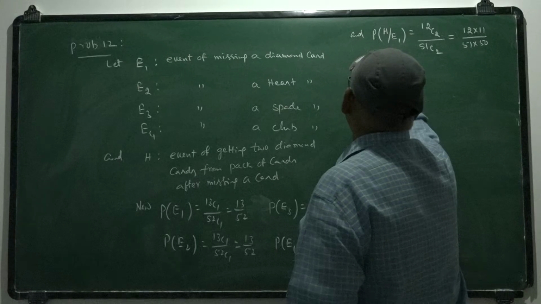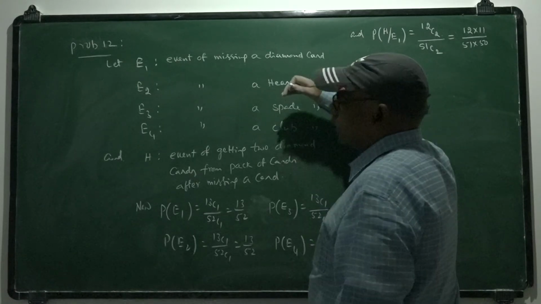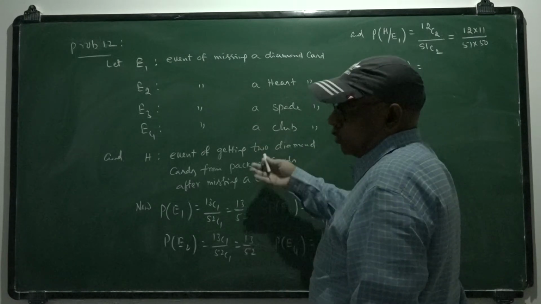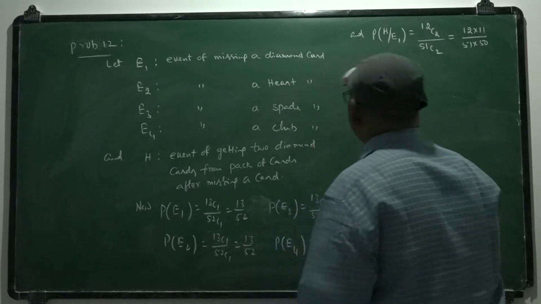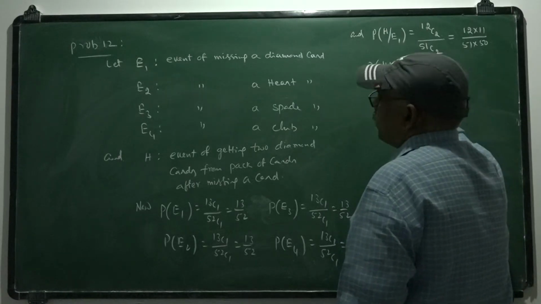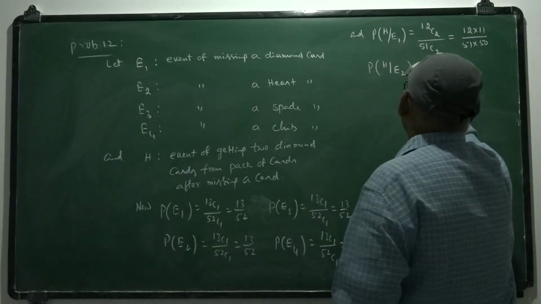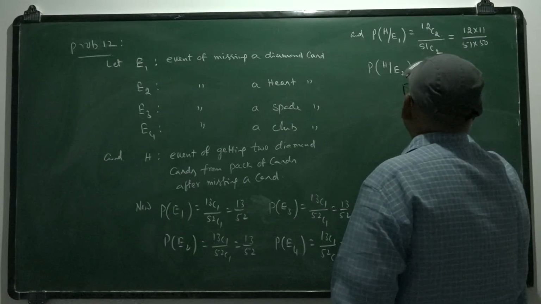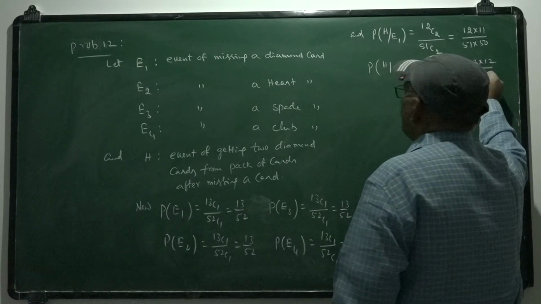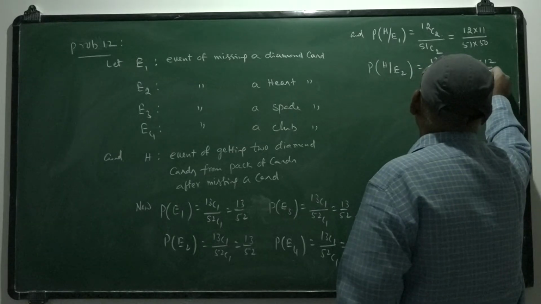And probability of H on the occurrence of E2 is, here initially a heart card is missed and then drawing 2 diamond cards, and the number of diamond cards remains the same, 13 itself. So 13C2 by 51C2, that is 13 into 12 by 2 by 51 into 50 by 2, so that is 13 into 12 by 51 into 50.